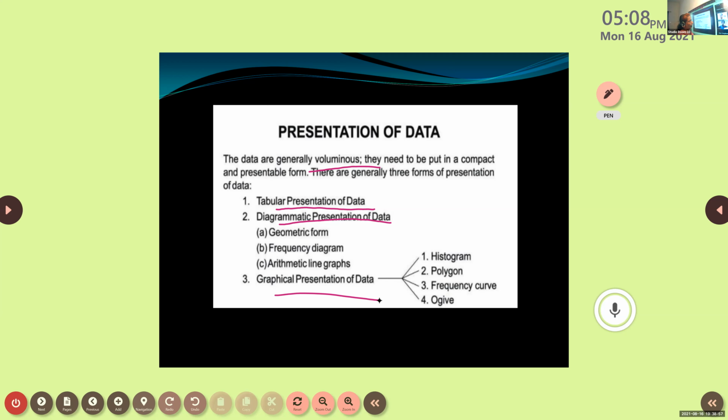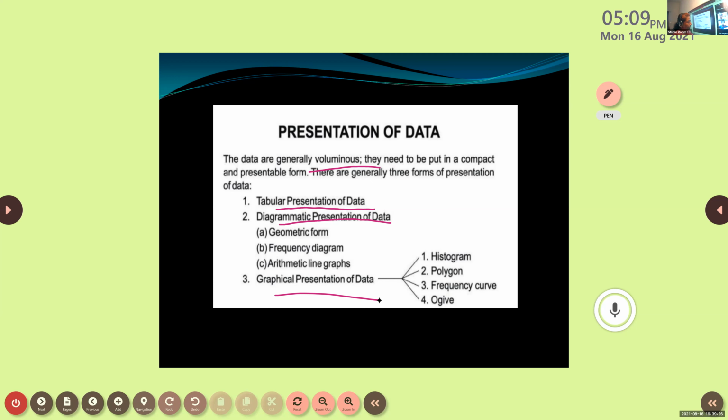Next one is related to diagrammatic presentation of data. First, classification is over. Second one, tabular presentation. Third one is diagrammatic representation of data. So when we are presenting the data, first is classification. Then only the second method comes, tabular presentation.